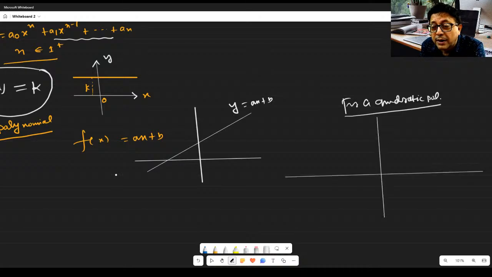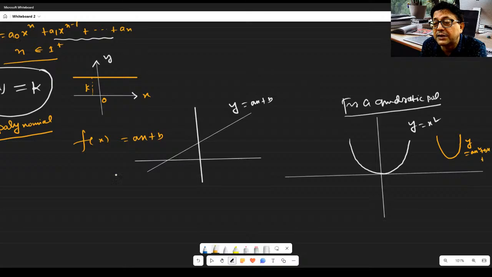You will remember y equal to x square, or x square equal to y. This is a polynomial function. Y equal to x square, quadratic. In fact, if it is any polynomial like y equal to ax square plus bx plus c, graph is continuous everywhere. This is for a greater than 0, isn't it? For a less than 0 it will open downward.